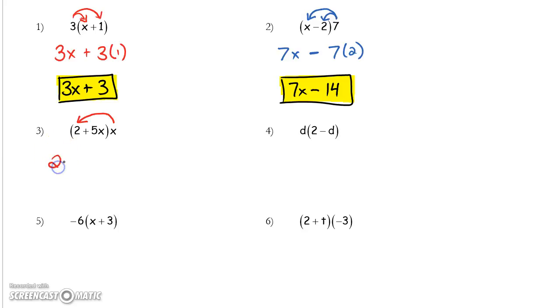So I will still multiply that and show it as 2x. I will not write that as x2. That's not the correct way to write that. And when I multiply here, that's first of all addition. I have 5x times x.